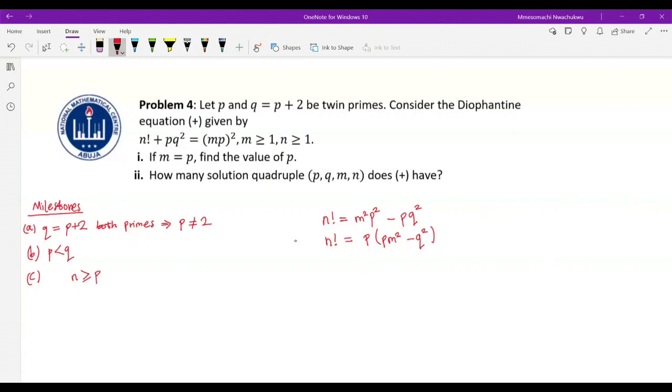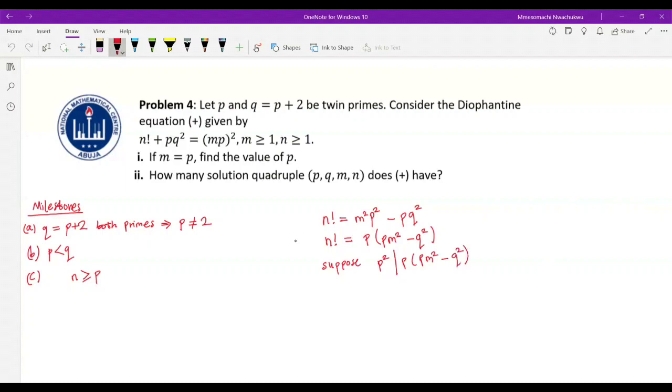So now, for p² to divide this, suppose p² divides p(pm² − q²).